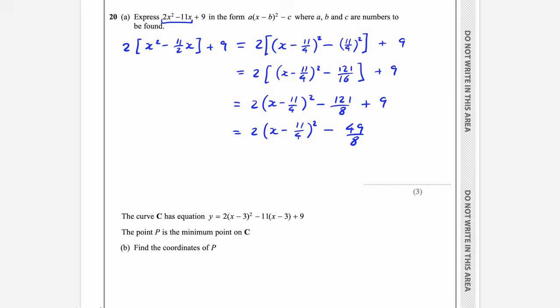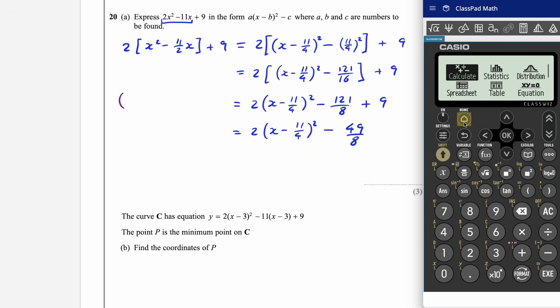The quick way, guys, is on your calculator, you go to home, equation, polynomial, quadratic, and here I just put in my 2, negative 11, and 9. You can certainly use this way to check your answer, but you also get full marks if you just write down the answer.